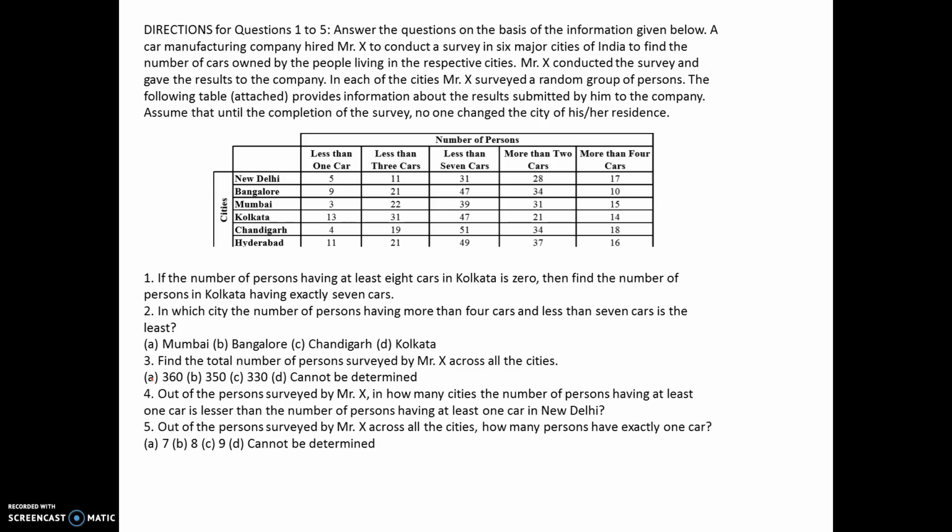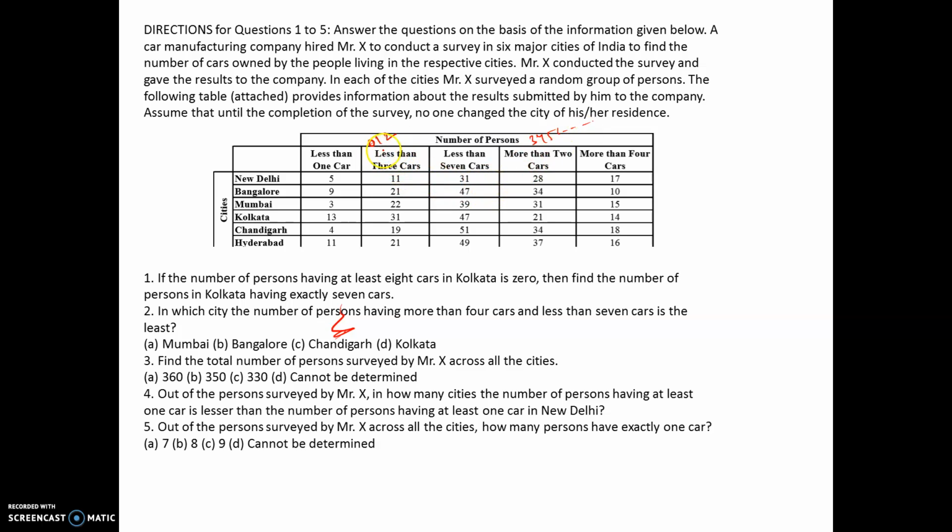If you look at question number 3, how we could have directly calculated is, if I just look at less than 3 cars, which means 0, 1 and 2, and more than 2 cars, which is 3, 4, 5, 6 and so on, right?